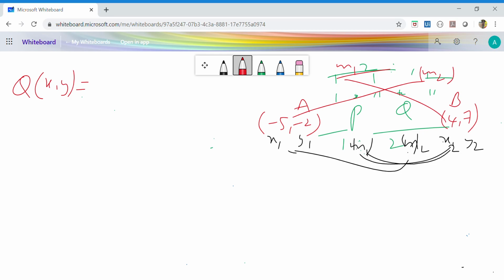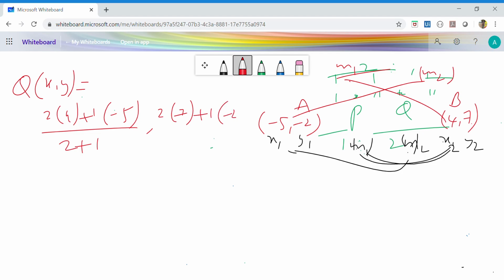So 2 into 4 plus 1 into minus 5 by 2 plus 1. Next 2 into 7 plus 1 into minus 2 by 2 plus 1.